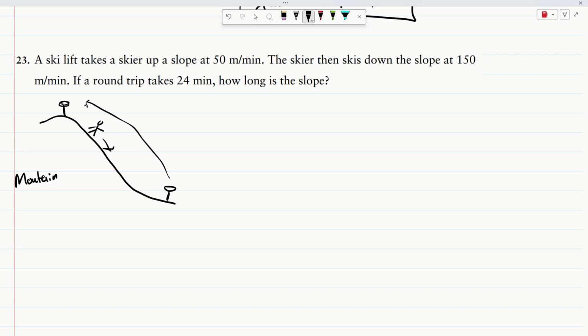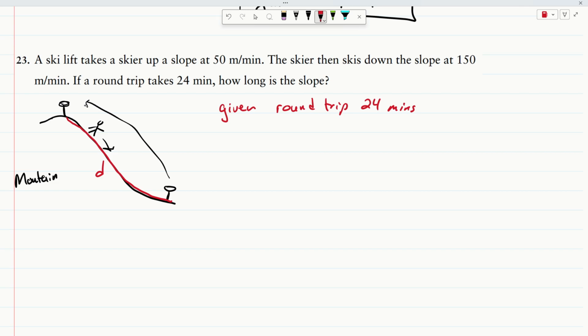So let's start labeling some things, okay? We're going to call the length that this skier slides down D, all right? And we're also given that the round trip is 24 minutes, all right?